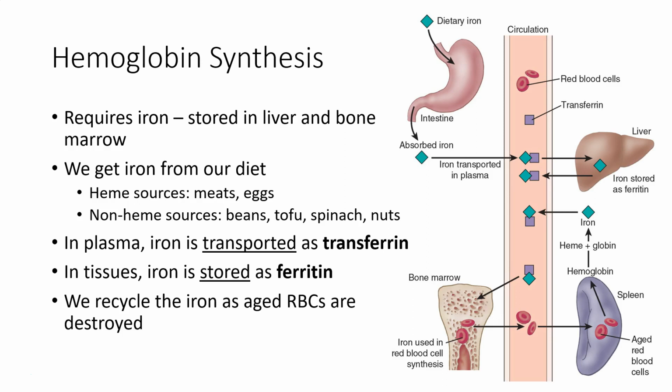In the tissues, iron is stored as ferritin. Our bodies are very efficient and eco-friendly, and so as the red blood cells age, we recycle all of the components, including the iron.